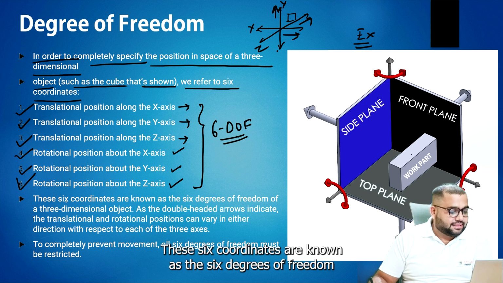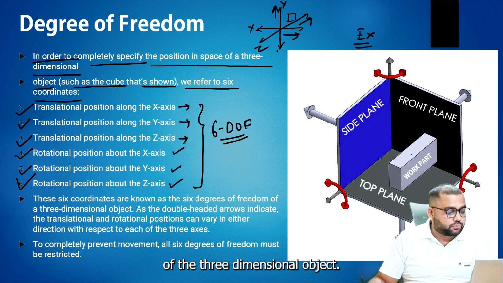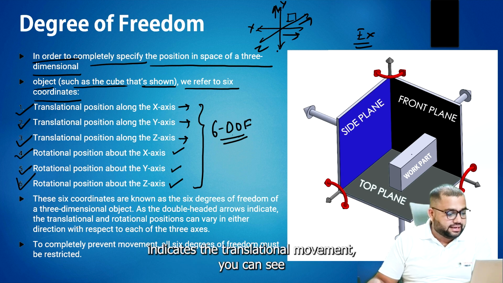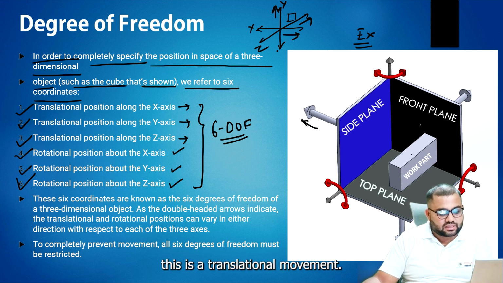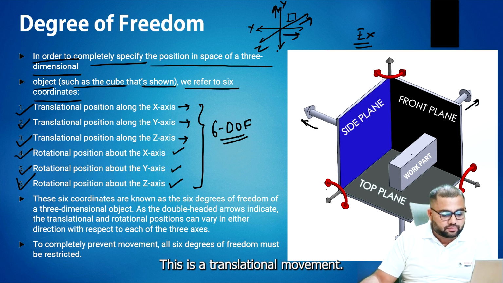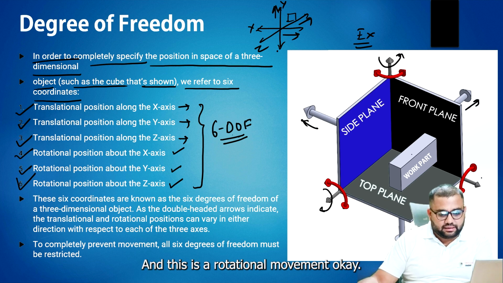These are known as the 6 degrees of freedom of a three-dimensional object. The double-headed arrows indicate the movements: this is a translational movement, this is a translational movement, this is a translational movement, and these three are rotational movements.